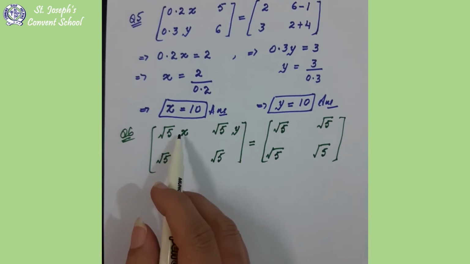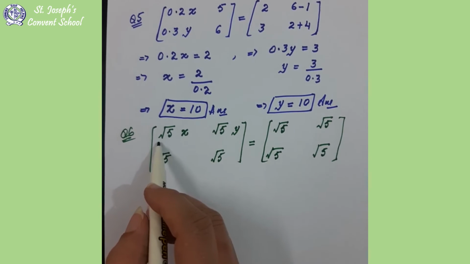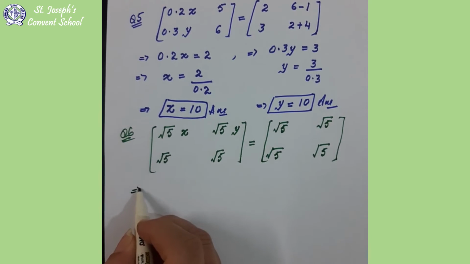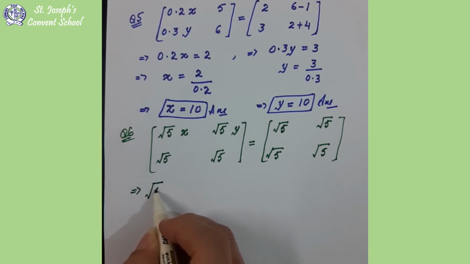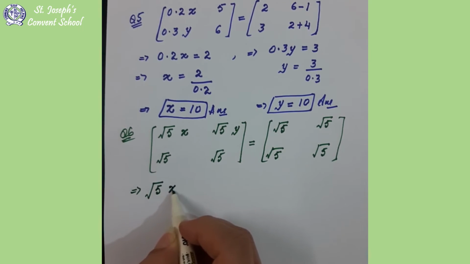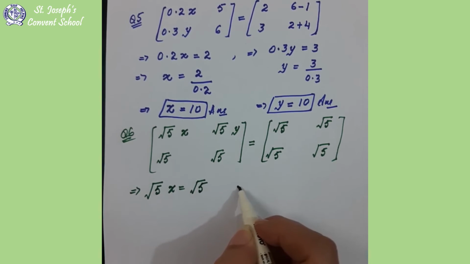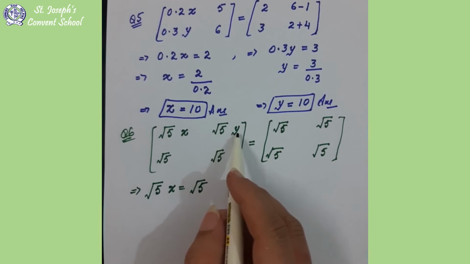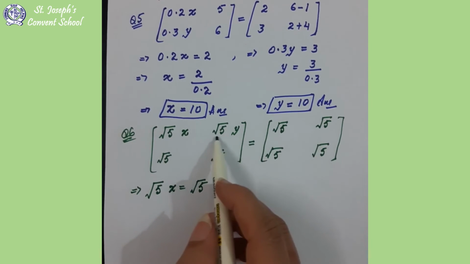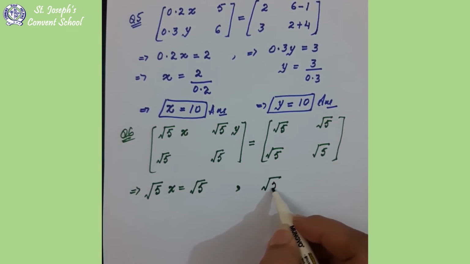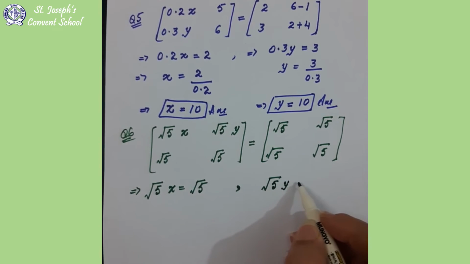So x is the first term, y is the second term. First term equals the first term of the second matrix. So under root 5 times x equals under root 5. And for the value of y, under root 5 times y, second element equals second, equals under root 5, okay.